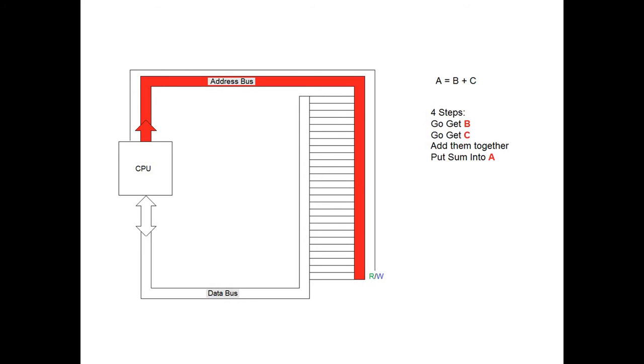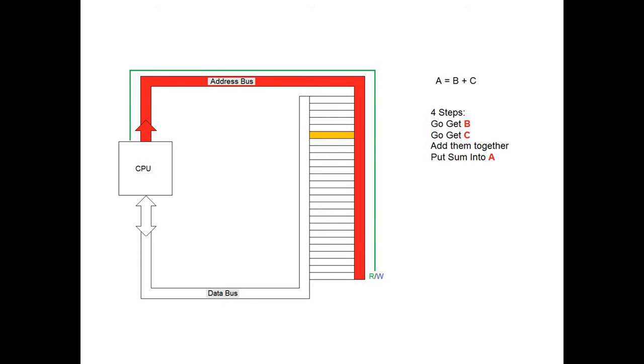Its first step is to put a number out onto the address bus, which points to memory location of the variable B. The CPU then sets the read-write line to read, meaning that it's going to read from the memory location.